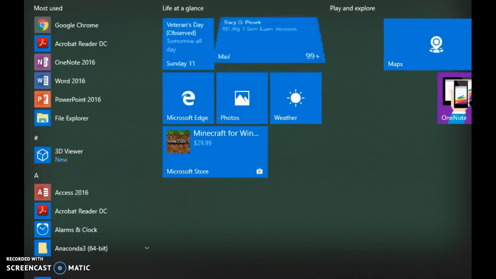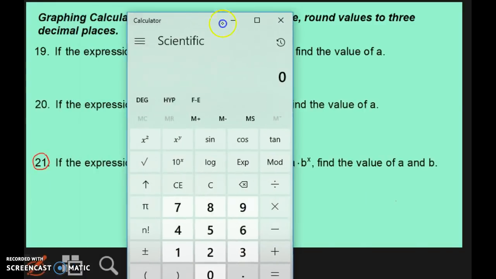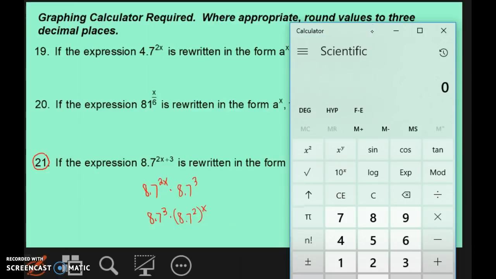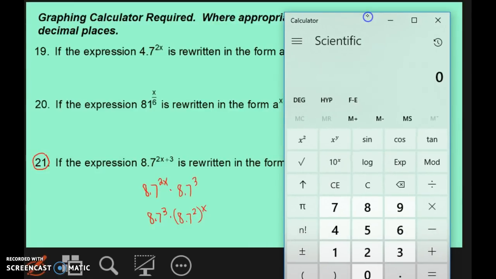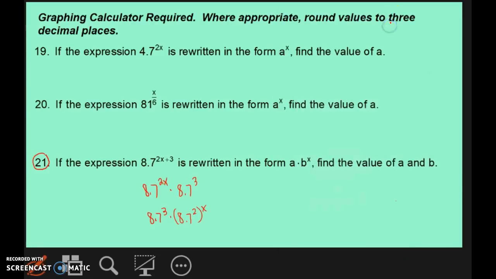A basic scientific calculator will work for this one. I'm going to find 8.7 taken to the third power. I type 8.7, take it to the third power, and this gives me 658.503. That's going to be my coefficient. Then I need to find my base, so I go back to my calculator.